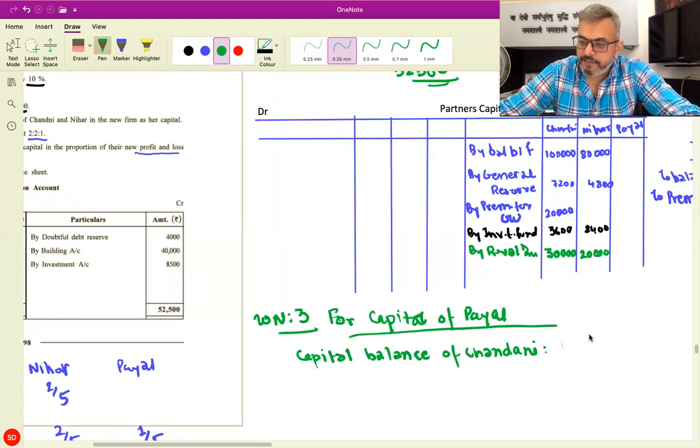1 lakh plus 7,200 plus 20,000 plus 3,600 plus 30,000. 1 lakh 60,800.